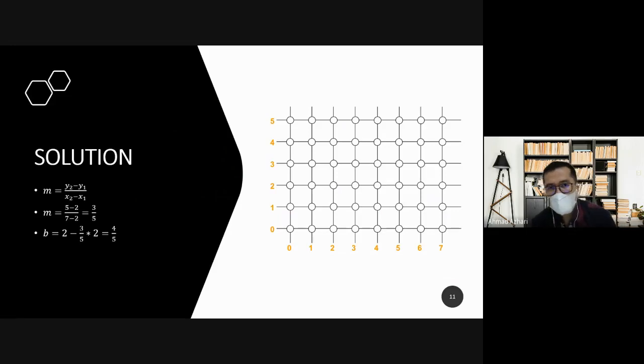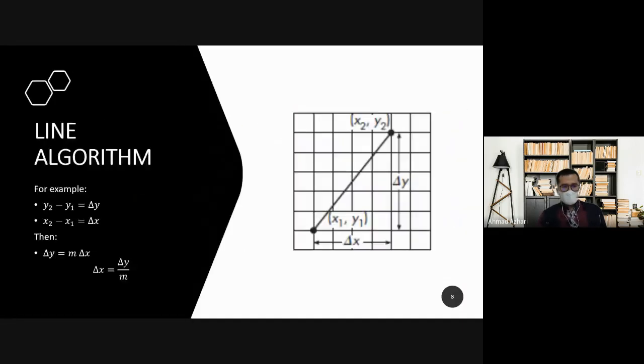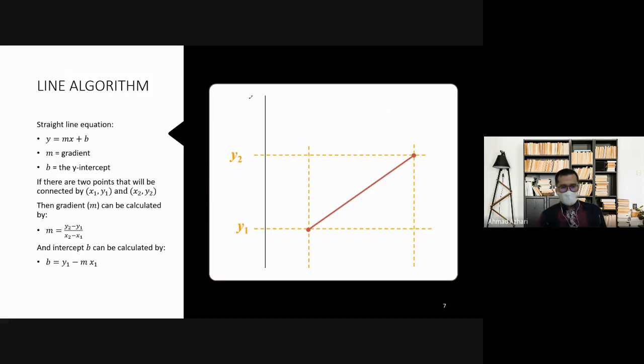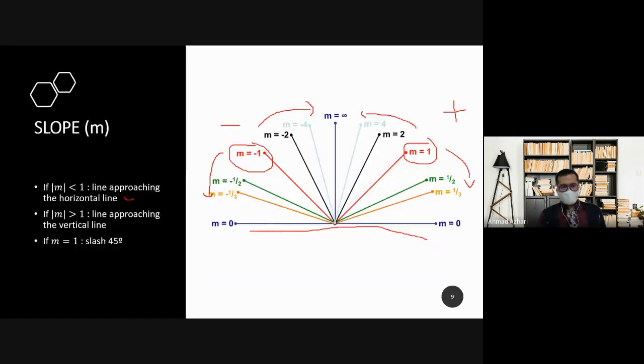After you get the gradient, look for b, the intercept. You can calculate b with the equation b equals y1 minus m multiplied by x1.